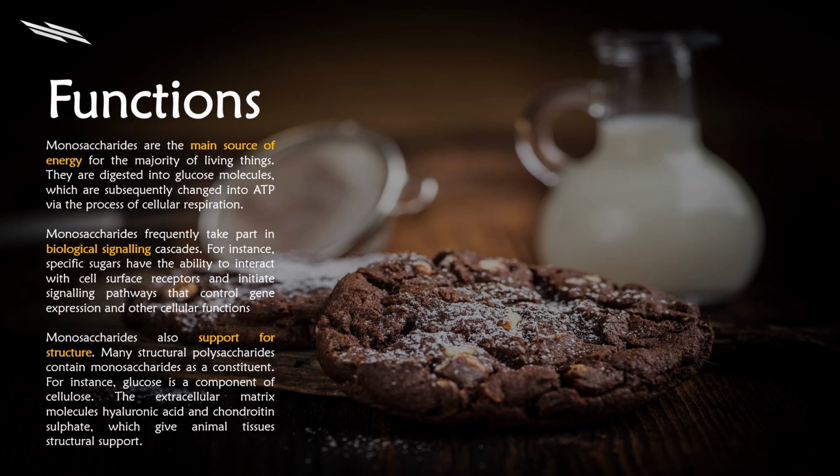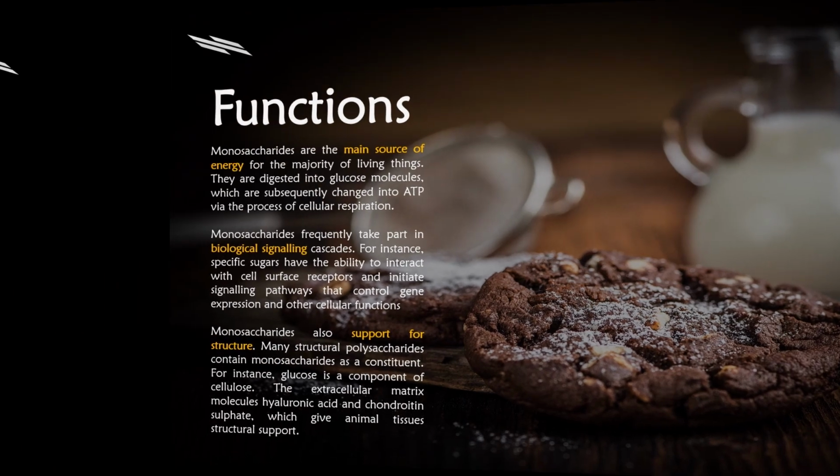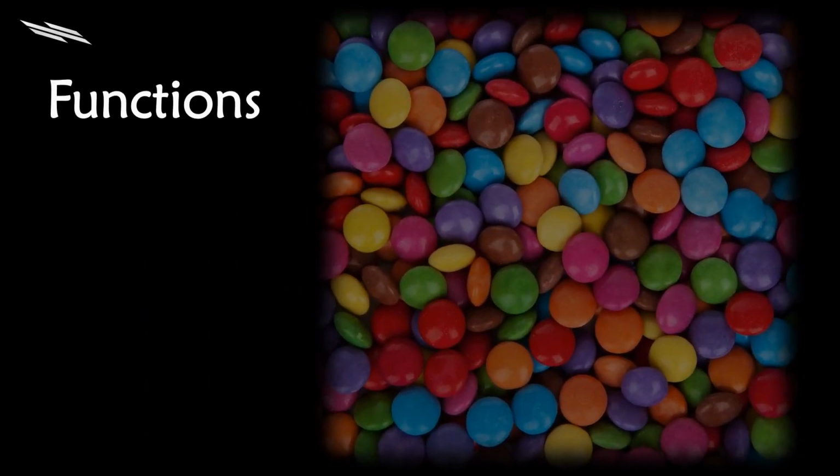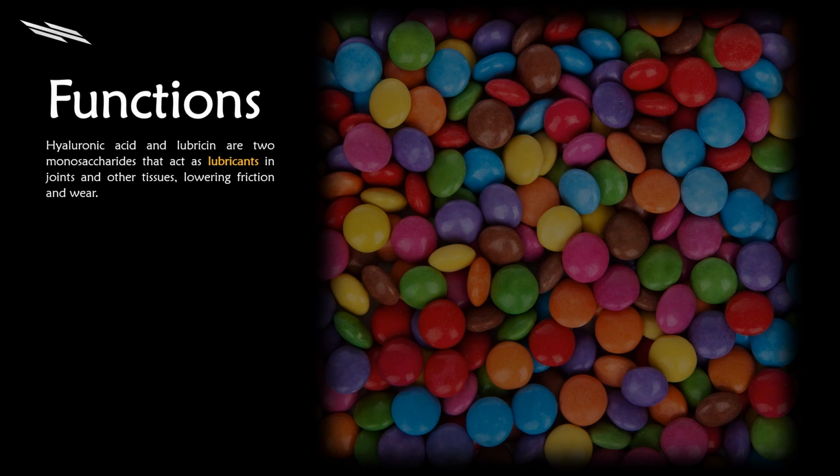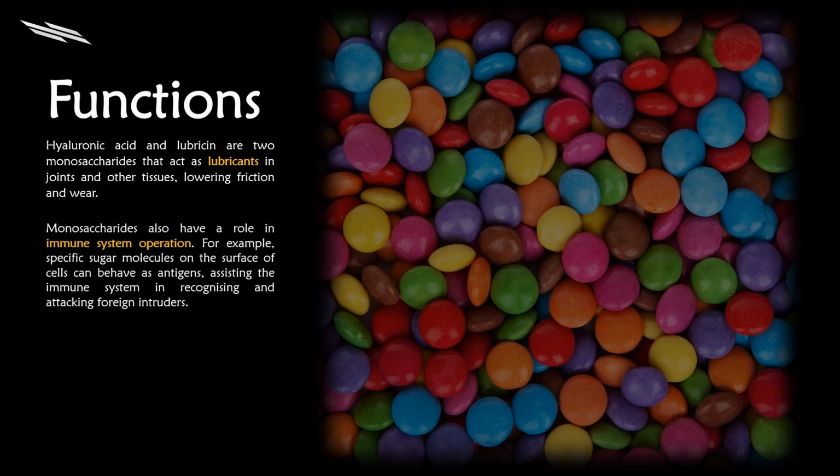The extracellular matrix molecules hyaluronic acid and chondroitin sulfate, which give animal tissues structural support, also contain monosaccharides. Hyaluronic acid and lubricin act as lubricants in joints and other tissues, lowering friction and wear. Monosaccharides also have a role in immune system operation.